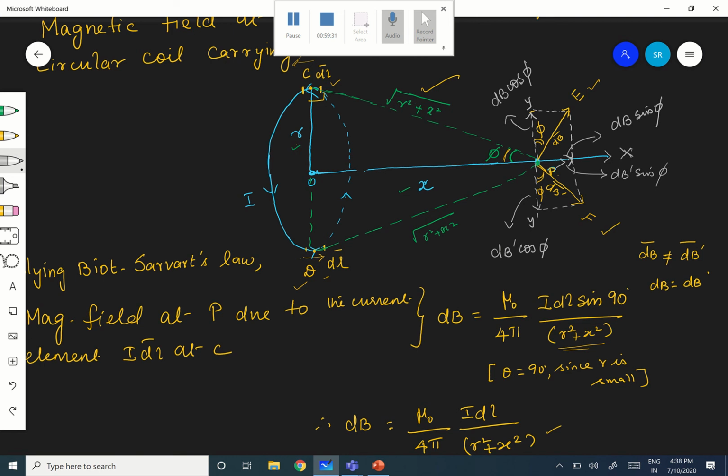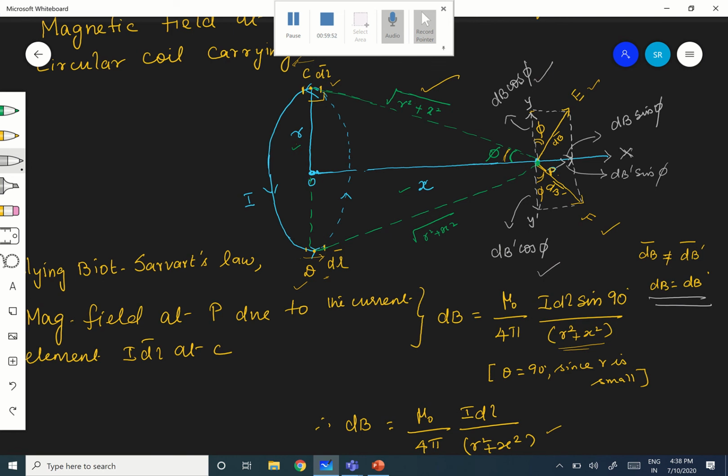Now, what do you say about that? dB is equal to dB dash. Magnitude wise both are the same, dB and dB dash. But here dB cos phi and dB dash cos phi, what do you say about both?